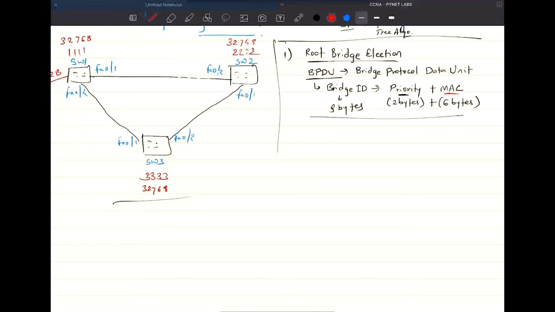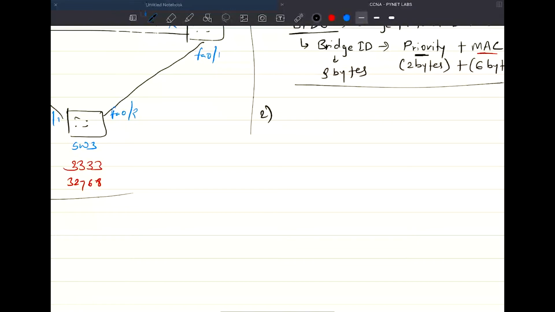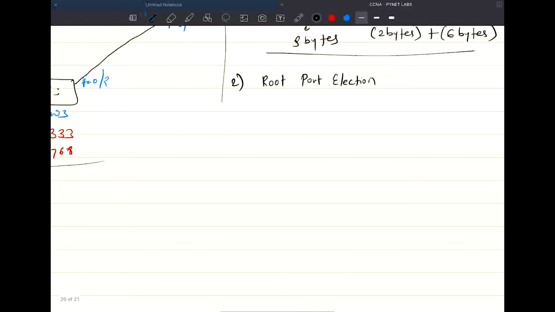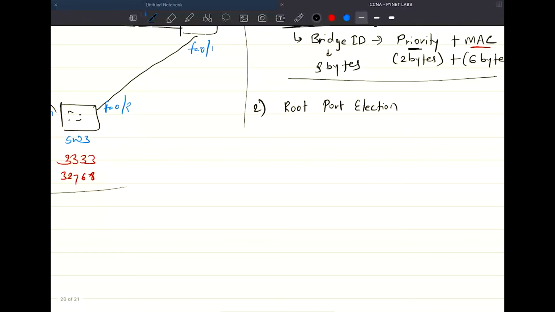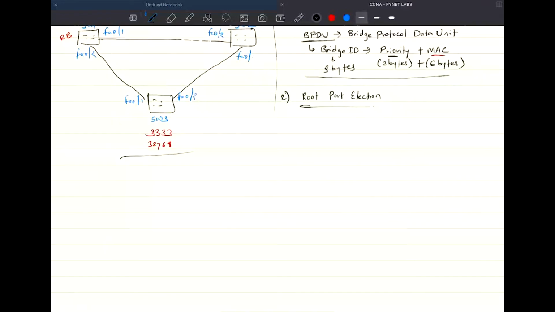Then the next task, task number 2, is to elect the root port. Root port election is done over here.